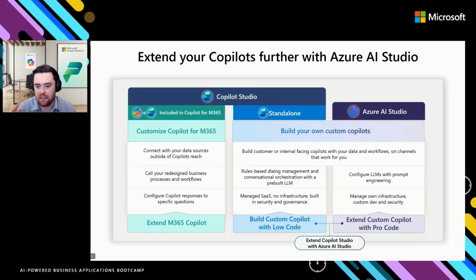That's where Azure AI Studio is just fantastic. But it's important to remember that we can do all that very nuanced and custom work in Azure AI Studio, and then just plug that into your conversational orchestrator in Copilot Studio in the SaaS platform.